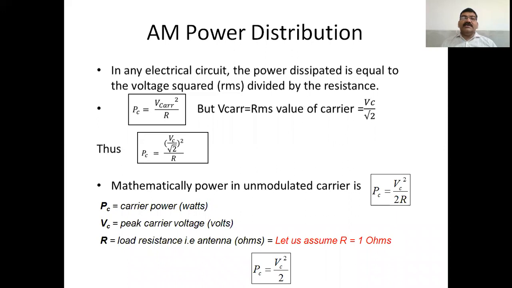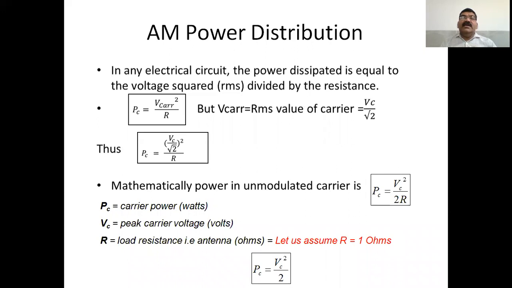In an electrical circuit, the power is equal to the square of the RMS voltage divided by the resistance. So PC, the carrier power, equals V square upon R. But VC, the carrier, is taken as RMS value, that is VC by under root 2.